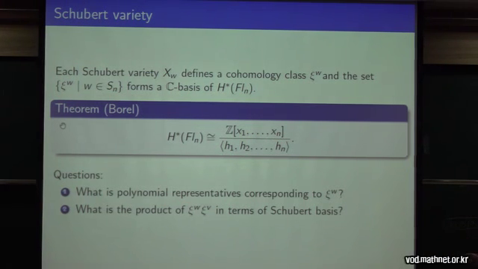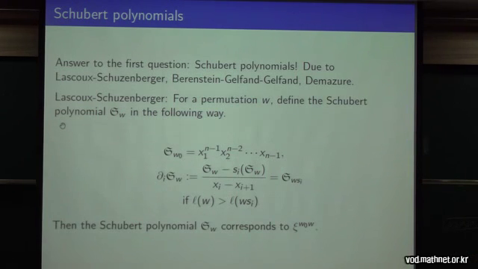And you can also ask, what's the polynomial corresponding to this element, the Schubert class? And also you can ask about the multiplication of these two. But I'm only going to explain the first one, because the second one is open. So the answer to finding the polynomial: there are functions called the Schubert polynomials, and they are due to many people.